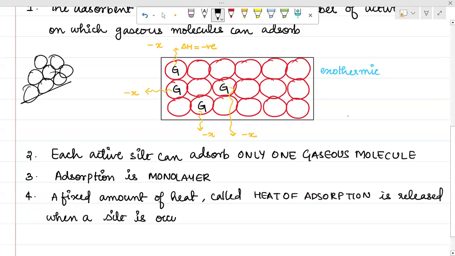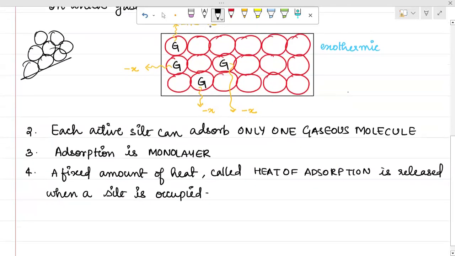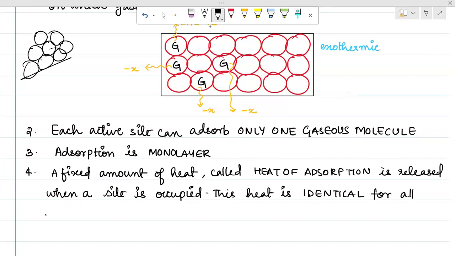That is because it is exothermic. We already know that. Additionally, this heat, this is important, this heat is identical. I think this postulate was asked in 2011 or something. This heat is identical for all adsorption sites. All the sites, whether it is from the edges, from the middle, from the corners, wherever it is, always the amount of heat which is released is going to be fixed when a gaseous molecule is adsorbed.